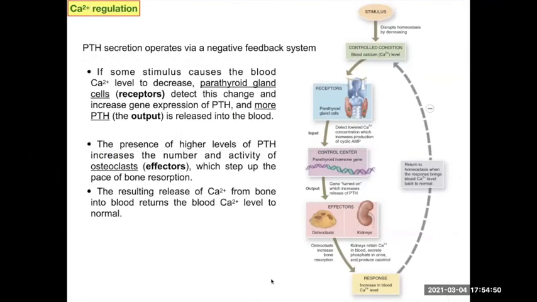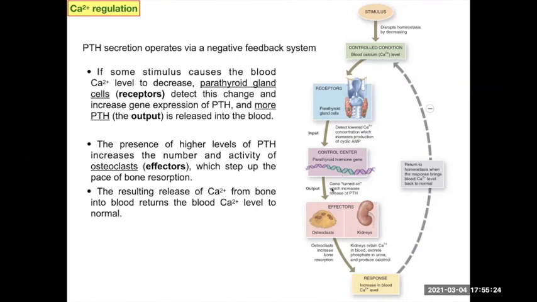So in our standard negative feedback loop, we have a disturbance in homeostasis from lower calcium levels. The parathyroids have receptors and detect that change. The effect of detecting it is to increase the levels of parathyroid hormone. Basically, it's increasing gene expression, more protein is made, and more PTH is secreted into the blood.